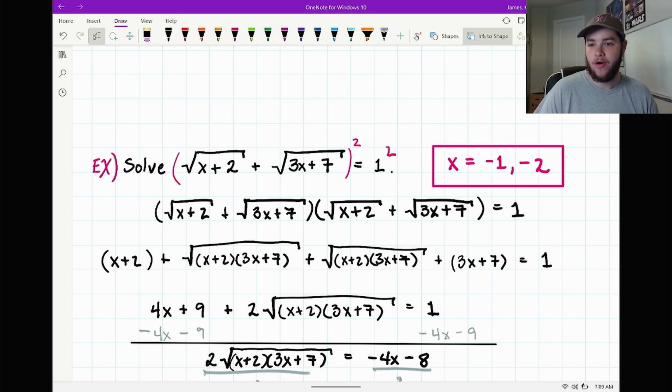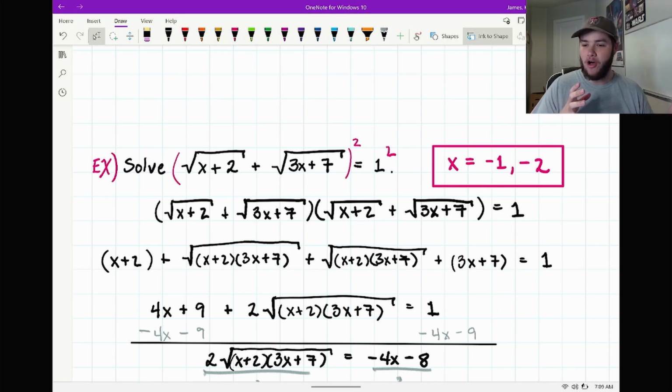Let's see how the two radicals make this problem a little bit more challenging. Notice when I FOIL out that left-hand side, I still have a radical equation left over. But that doesn't mean we need to give up hope.